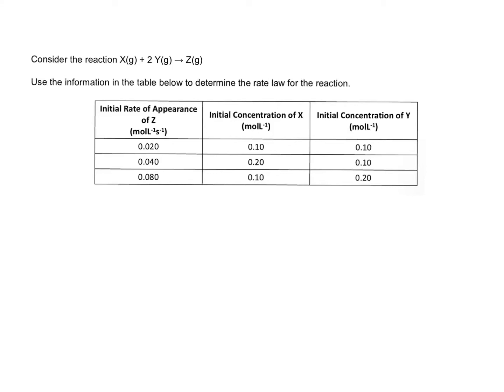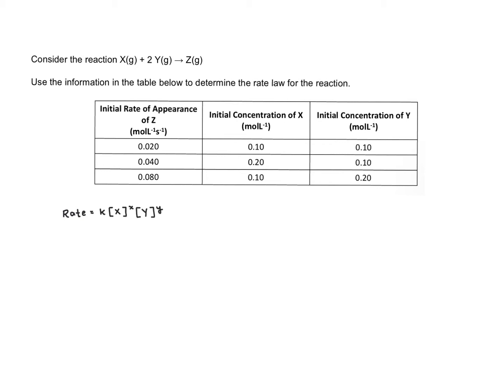We are going to use initial rate of reaction to determine the rate law for a given reaction. So we know that a rate law can be written as a product of the concentrations multiplied by a rate constant k.